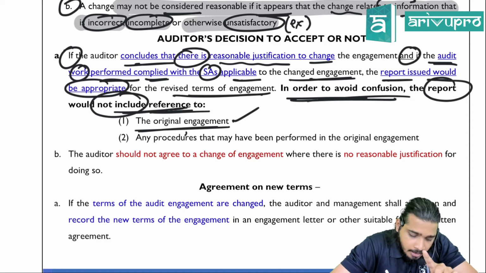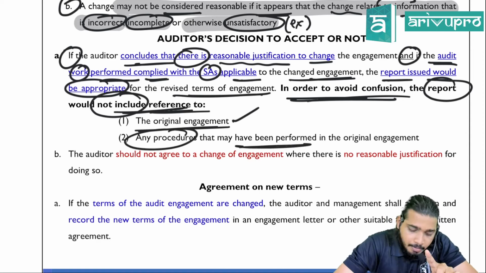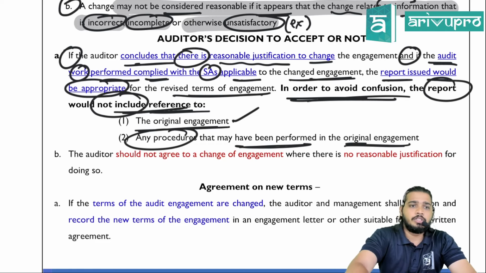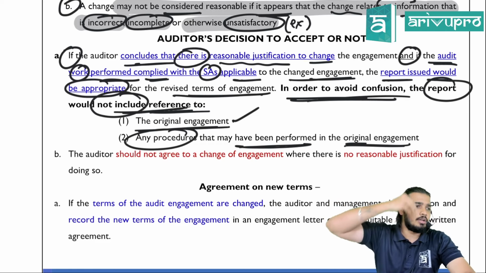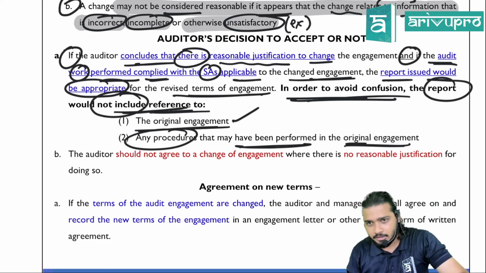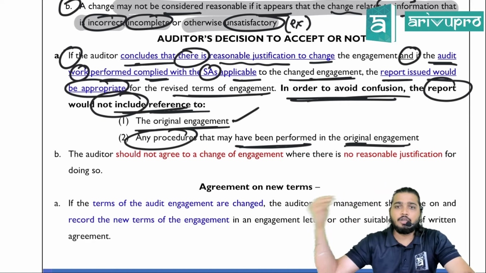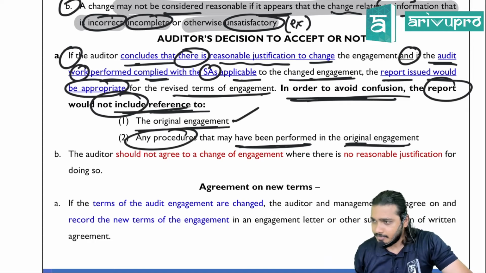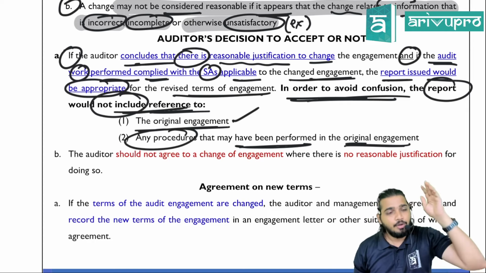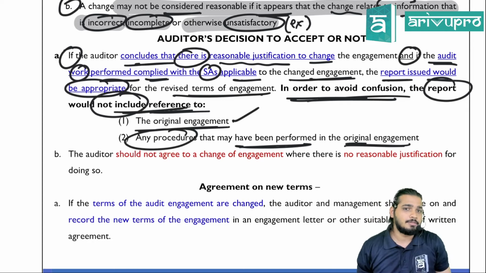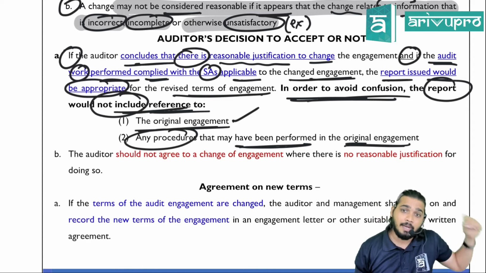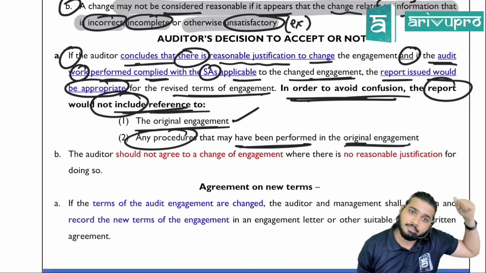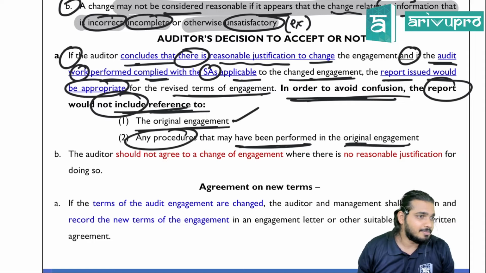Also, do not mention any procedures that may have been performed in the original engagement. To make it lighter for you: when you are meeting a new person, do not talk about the past. Do not tell what you have done in the past. The original engagement means the past, your ex-engagement.